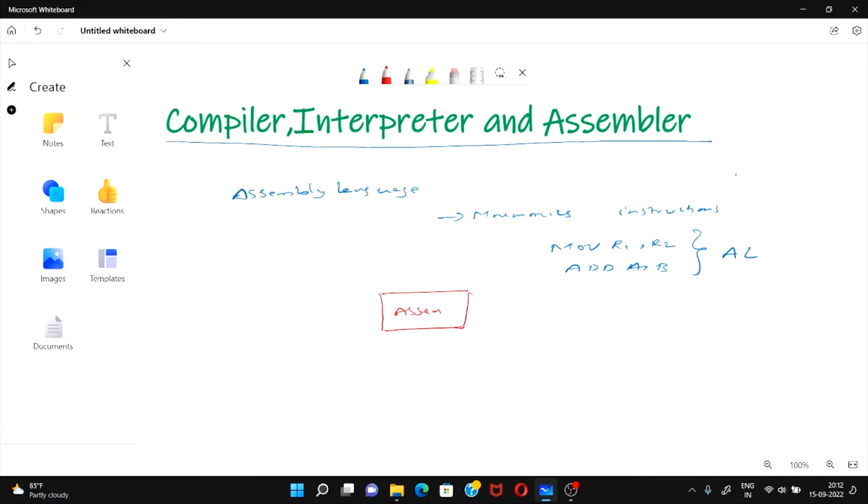Simply we can say we need an assembler which will take an input as an assembly language, which is in the form of instructions, and it is going to convert it to machine language. So all these are the translators which are going to convert one language to another language.